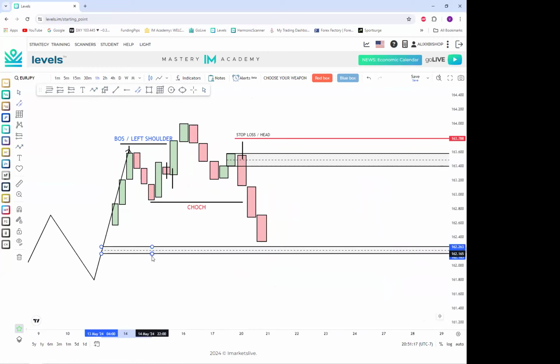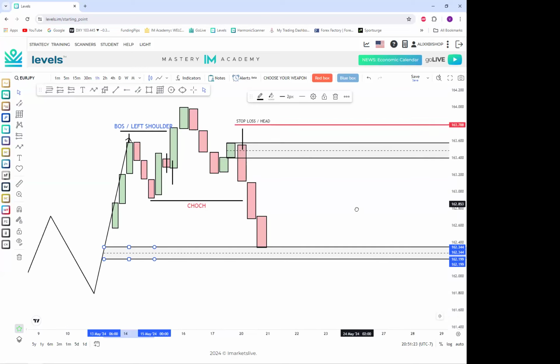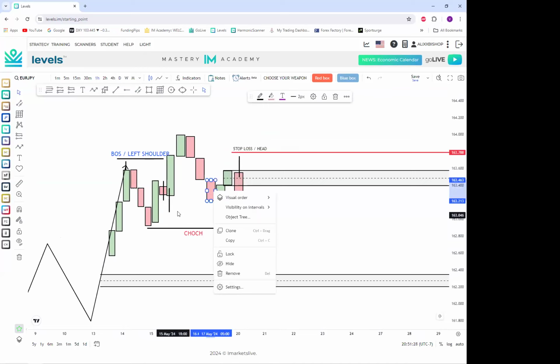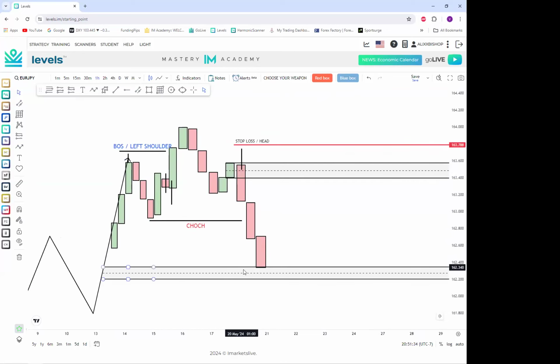Let's say maybe you're stuck to the 1 hour and you haven't checked the daily in a week or two, right? This setup on the 1 hour may look beautiful, a head and shoulders, and market just changed character on the 1 hour, but it came into a daily starting point. And this can happen. So what happens here, guys?